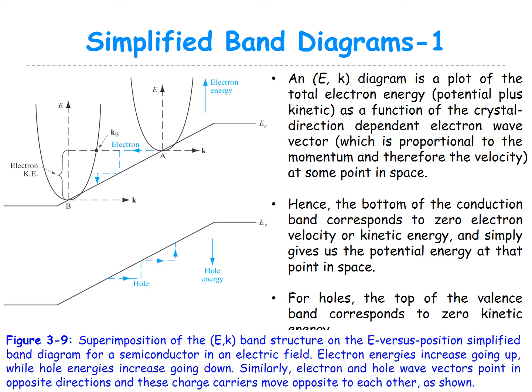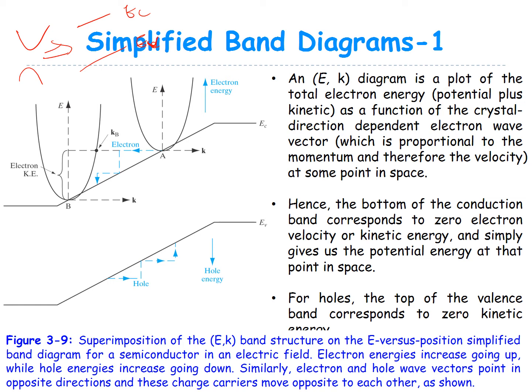Okay, so now let's see how we can simplify our band diagrams to just showing the conduction band minimum and the valence band maximum, like that.